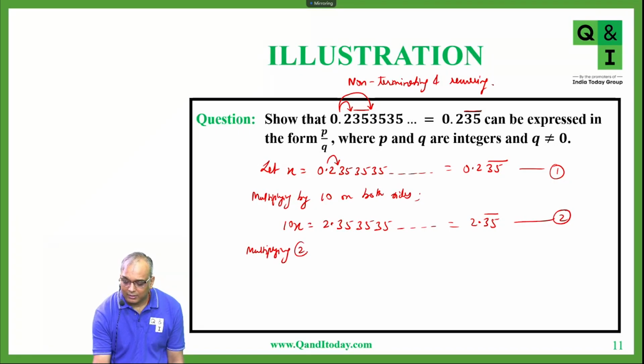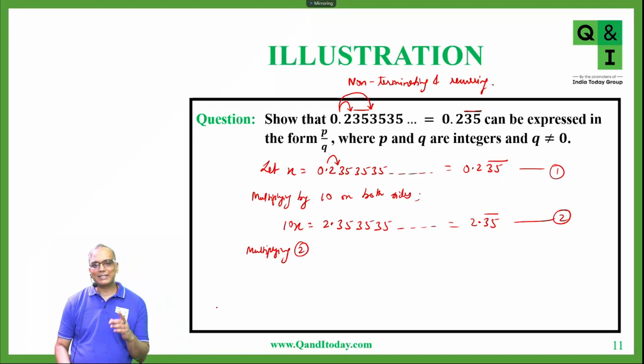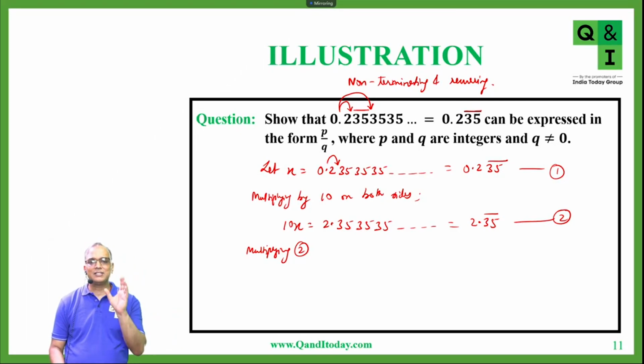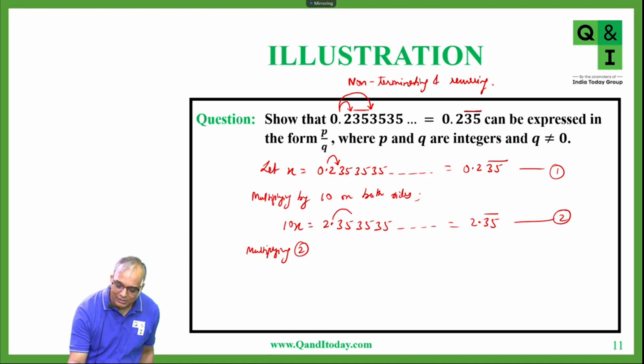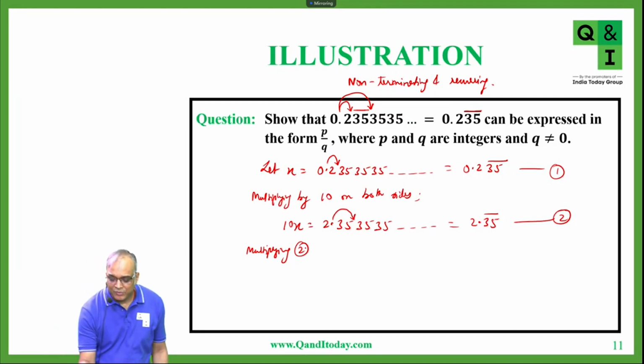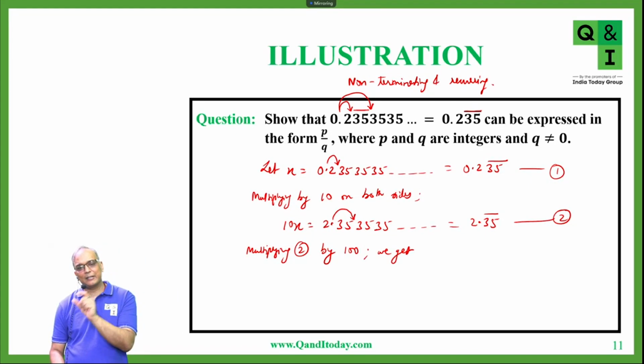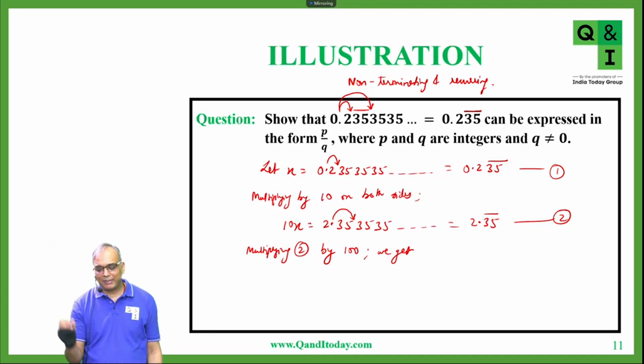Now, multiplying second equation. Now what is our second step? We have to move the decimal to a place where first repetition has been completed. Means we have to move it here now. 2 decimal places to the right. So multiplying this equation 2 by 100, because 2 digits are repeating, right? So we'll multiply it by 100.